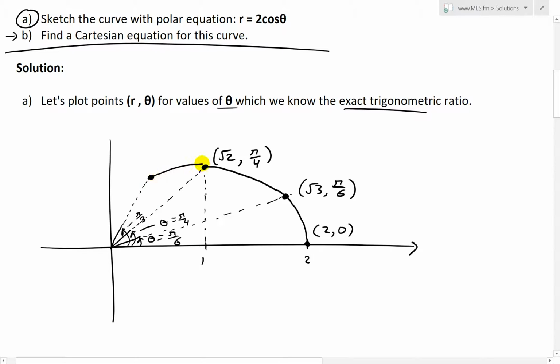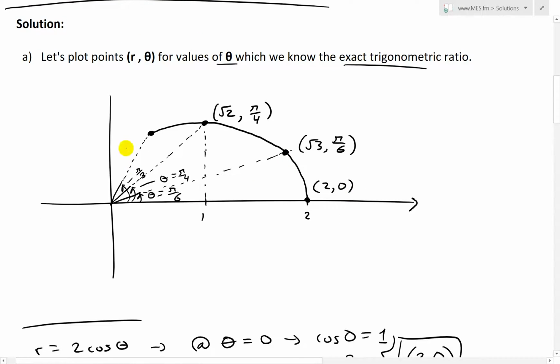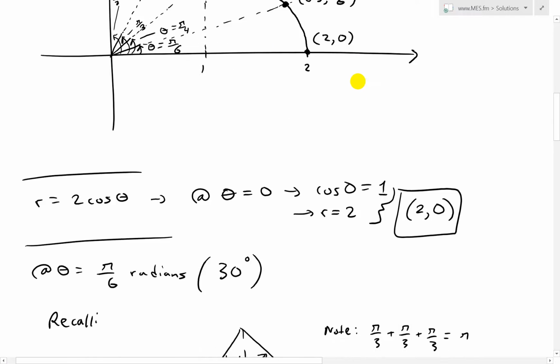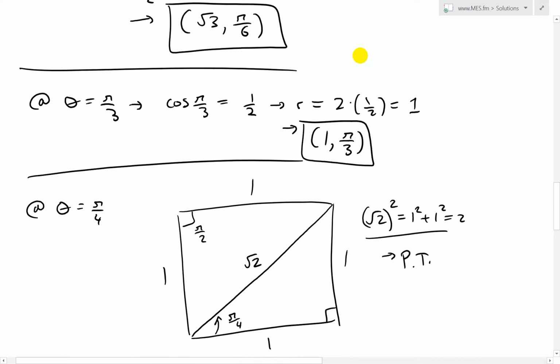Connect that here. Now I'm going to find the point when we have the full angle across, which is pi over 2, or 90 degrees. We know this point, and that one is easy to solve.